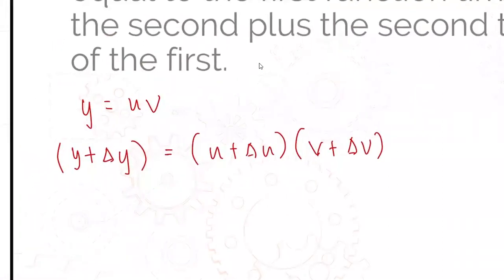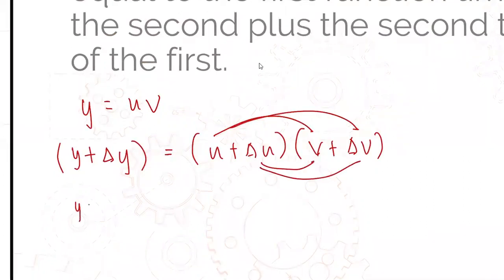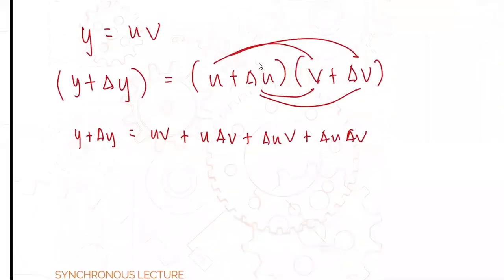Then, kapag sinimplify natin, kailangan i-distribute natin each term. No? So, we have y plus delta y is equals to uv plus u delta v plus delta u v plus delta u delta v.